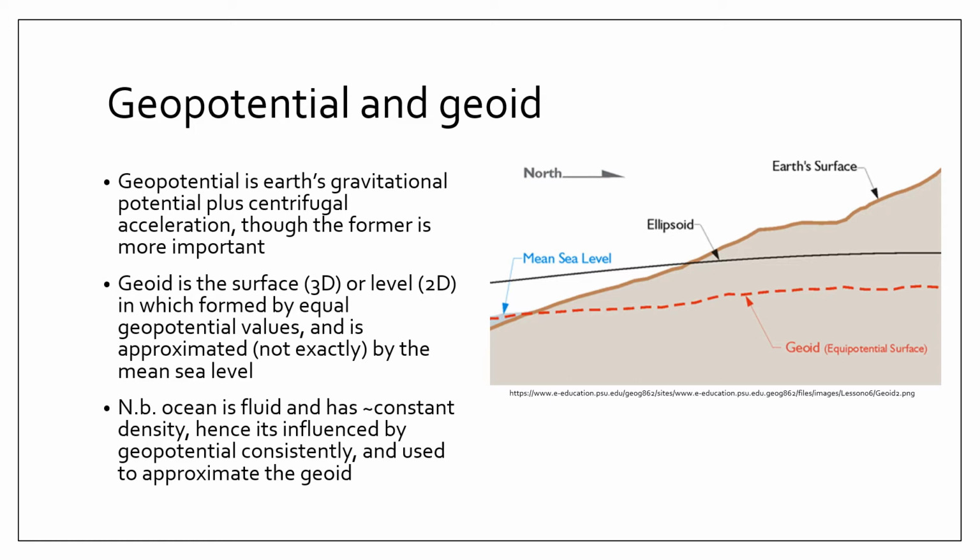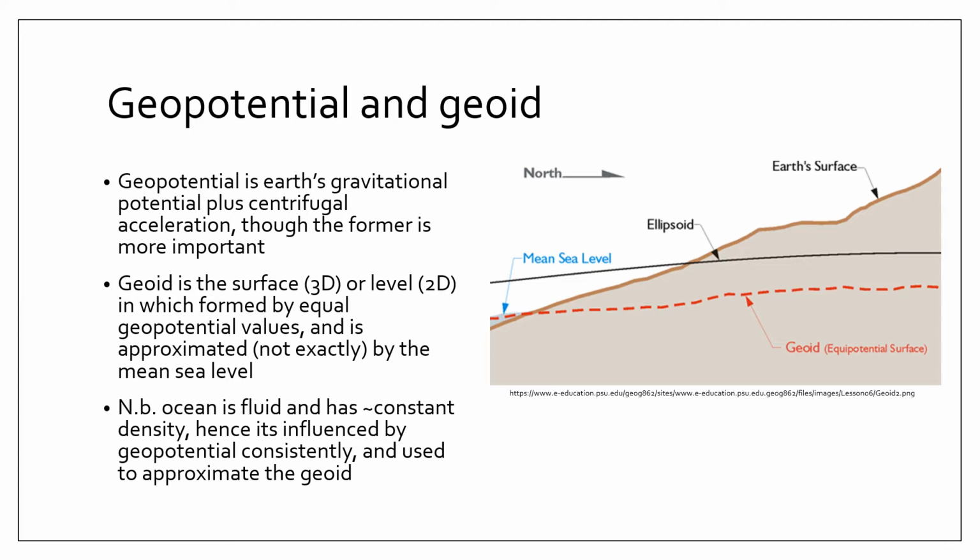Right? So note that the ocean is fluid and it has a more or less constant density. Hence, it is readily influenced by the geopotential consistently, and it's normally used to approximate the geoid. Right? The other reason for approximating the geoid by the mean sea level is that it's fairly easy to measure or determine the mean sea level when we are doing surveys, right?